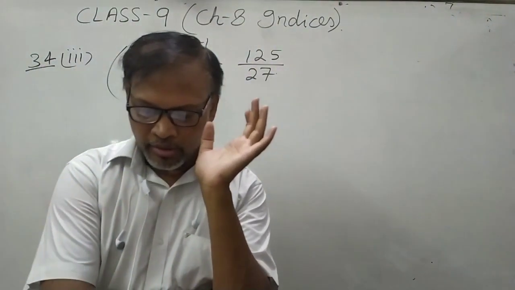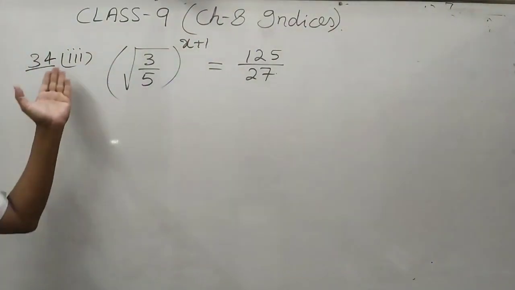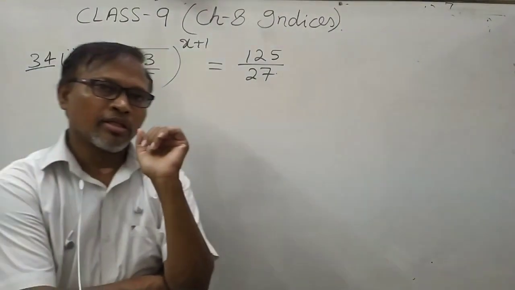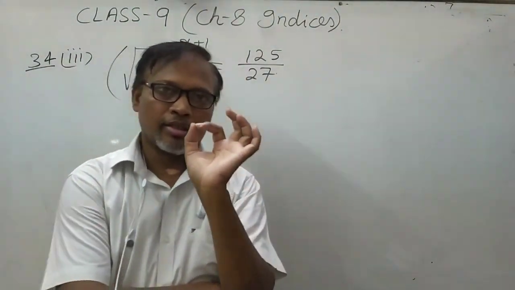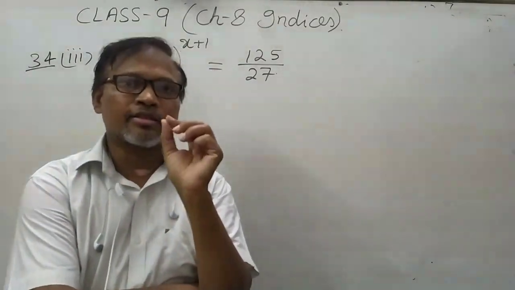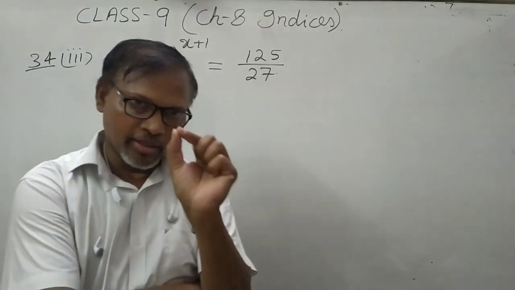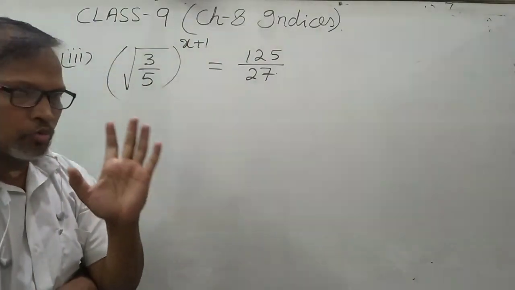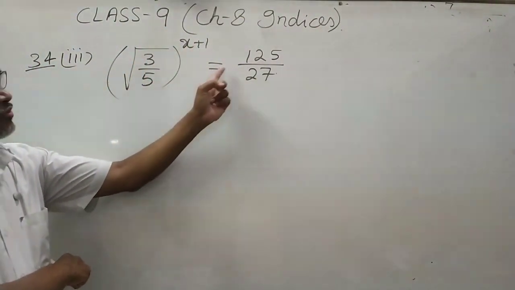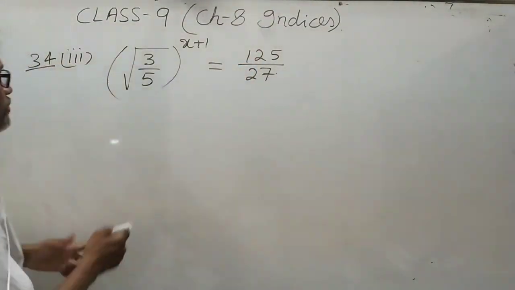For example, this is question number 34, third part. Solve for x in this equation. This book I have taken, the ICSE Mathematics by ML Agrawal, that you know. Under root 3 by 5, whole power x plus 1, is equal to 125 by 27.